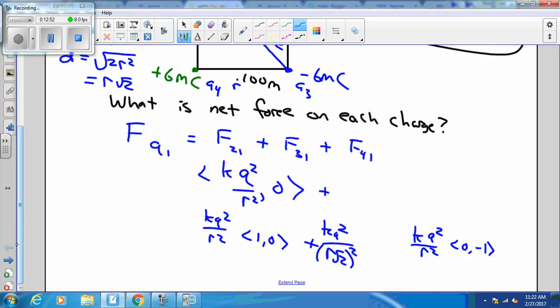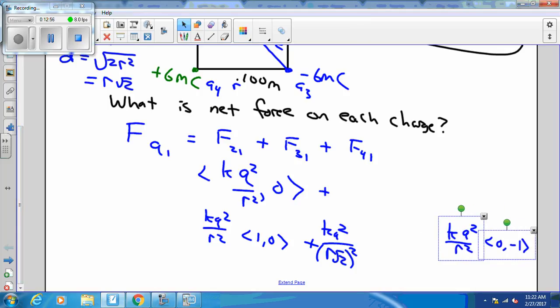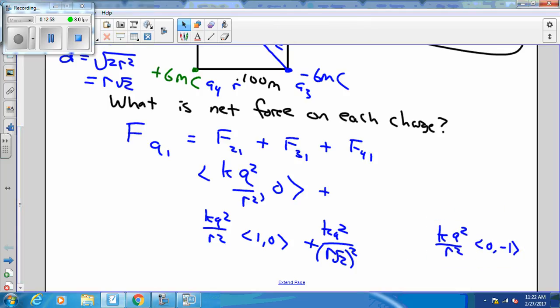So my direction vector is going to be cosine 135, comma sine 135. And what is the cosine of 135 degrees? It is negative 1 over root 2. What is the sine of 135 degrees? It is positive 1 over root 2.